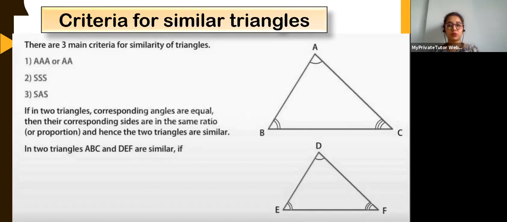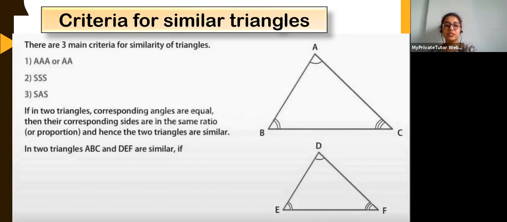These are also called tests of similarity. Whenever you have exams, why do you give your test? So the school or the teachers get to know how much you've studied and how much you know. Same here, this test is to clarify whether the triangles are similar or not.